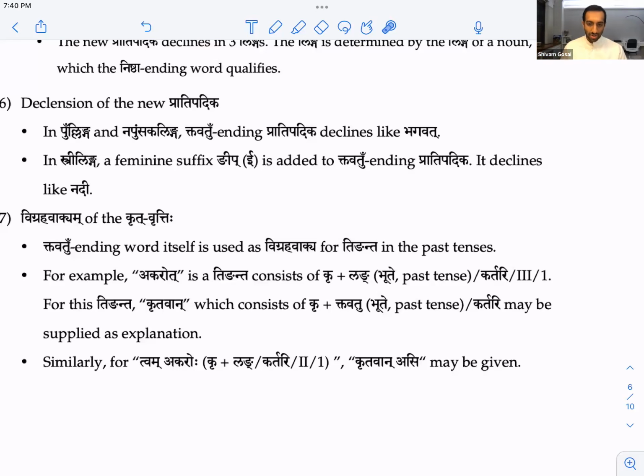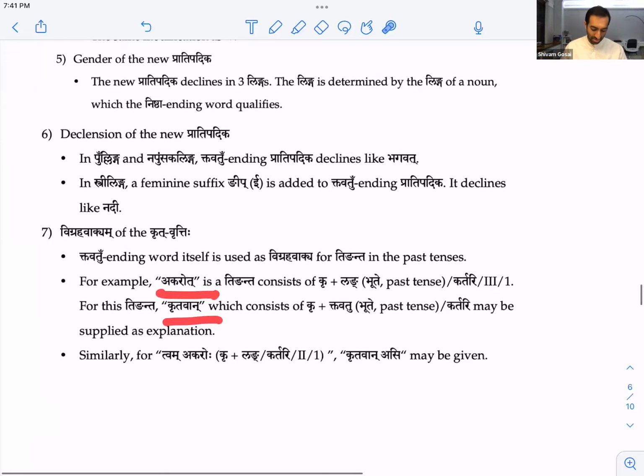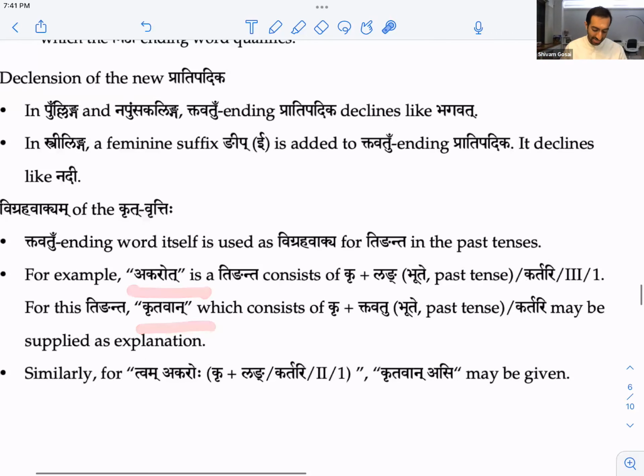Right? So you can just say akarot iti kritavan or kritavan iti akarot because they have very similar meanings. Because this is pointing to the karta, this is also pointing to the karta. He, she, it has done something in the past. Now what's tricky is that you can denote action using a noun.